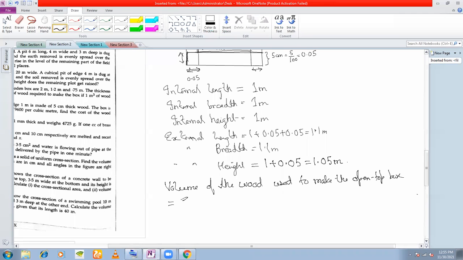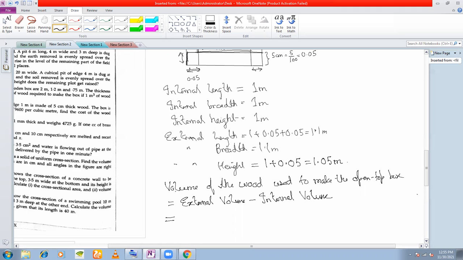It is equal to external volume minus internal volume. You agree? External minus internal. The external volume of the box minus the internal volume of the box will give you the volume of the wood, the volume of the material that is used to make the box.